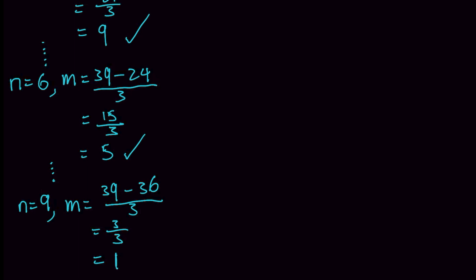So you realize that 1 is already quite a small number. If you increase the value of n any larger, then you will no longer get a positive m value. So this can be all the answers that you have. You just have to cycle through and get all the other answers.